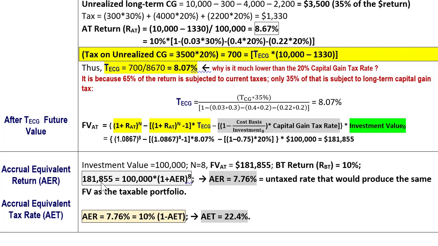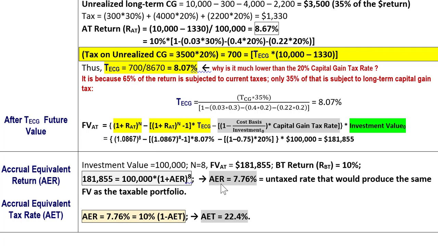We know the current investment value is $100,000. It's going to compound at a rate, which is the implied rate of return after tax, for 8 years. So we actually work backward and calculate that return. That return, 7.76%, is the true return of this investment after tax.